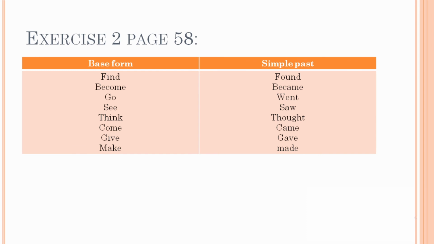So let's go to exercise number 3. Find at least 4 more irregular past simple forms in the article on page 57. Write the verbs.